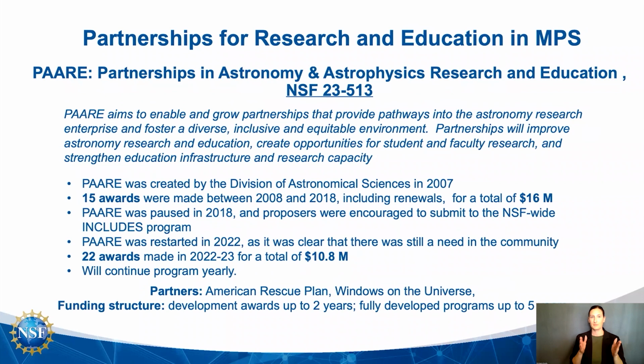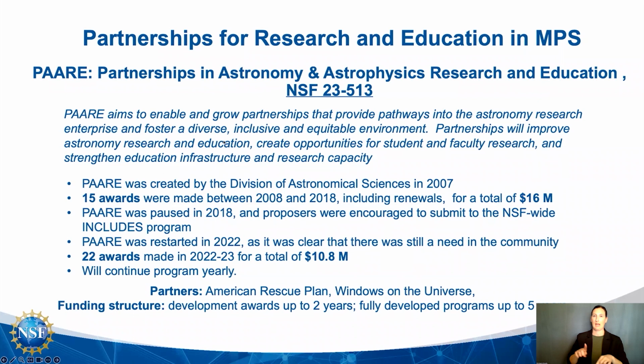Next is PAARE, Partnerships in Astronomy and Astrophysics, Research and Education. So PAARE enables, this is astronomy and also partly physics, but mostly astronomy. This is to get partnerships that provide pathways into astronomy research, foster diverse, inclusive and equitable environment.